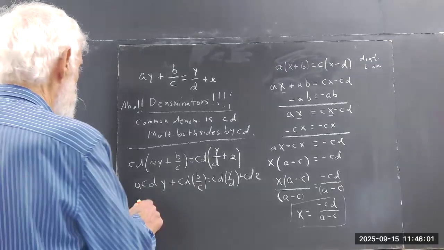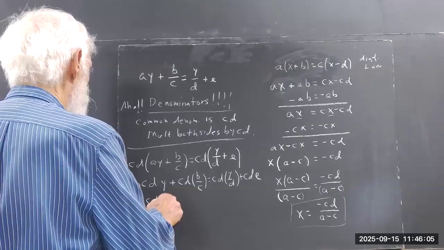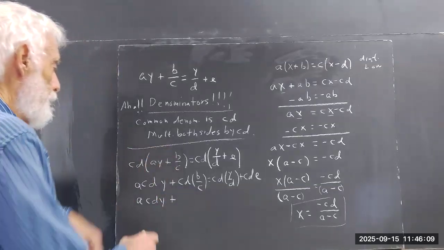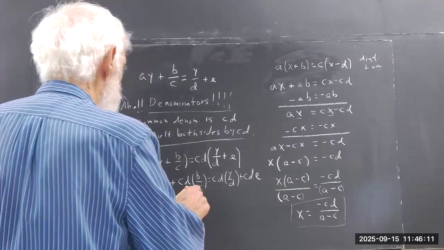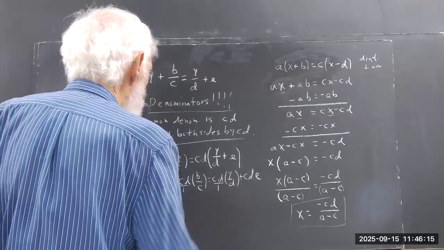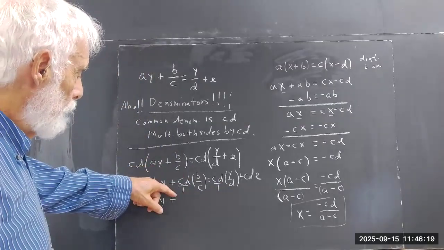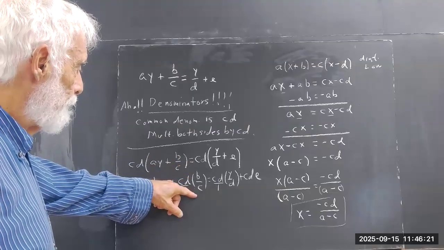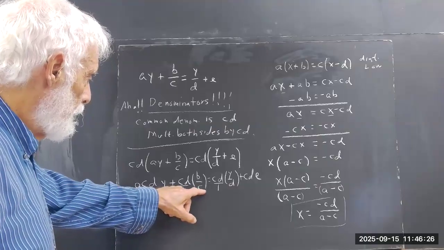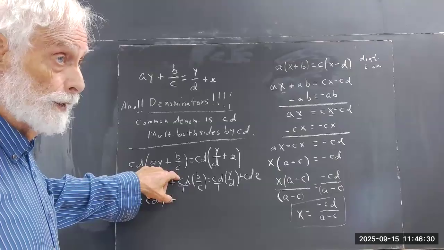And then hopefully we understand that the CD here is in the numerator and the C here is in the denominator. But it doesn't hurt to put the CD over 1, where we have CD multiplied by B over C, write CD over 1 times B over C. So we can see that everything here is multiplied, everything here is multiplied, and C is the same in the denominator as it is in the numerator.